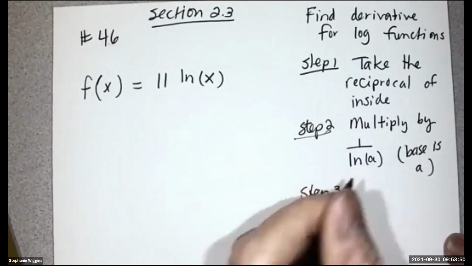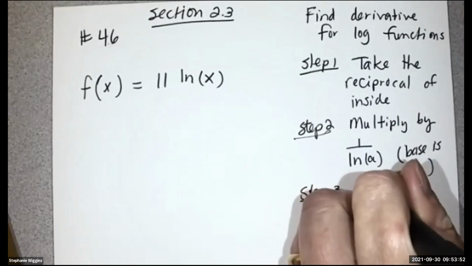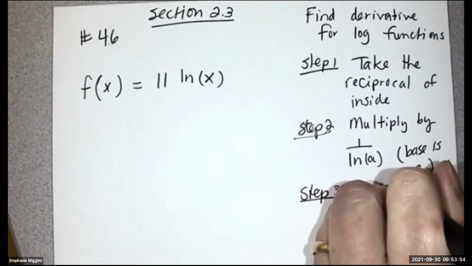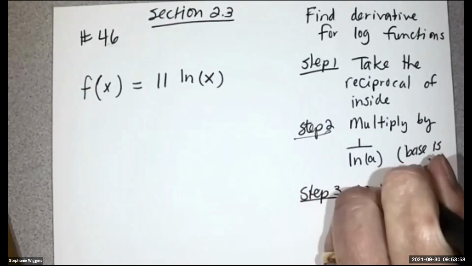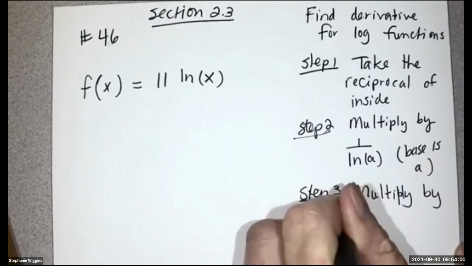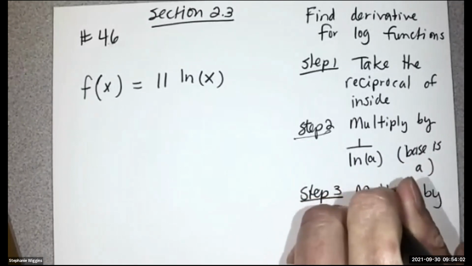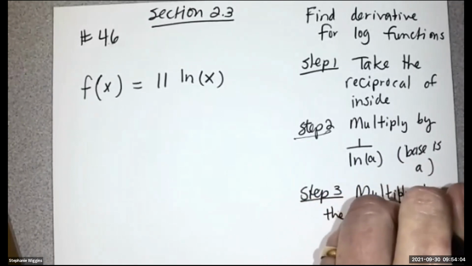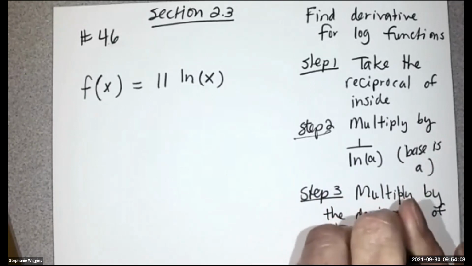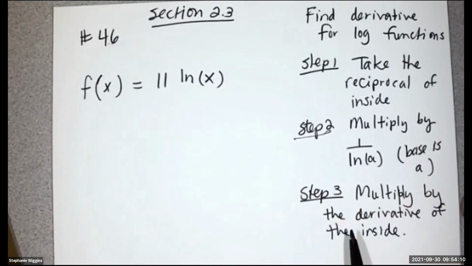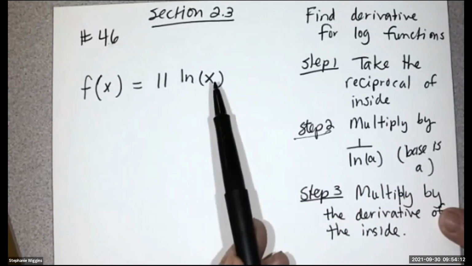But step 3 is to multiply by the derivative of the inside. And we're also going to skip this step because it's just plain old x.